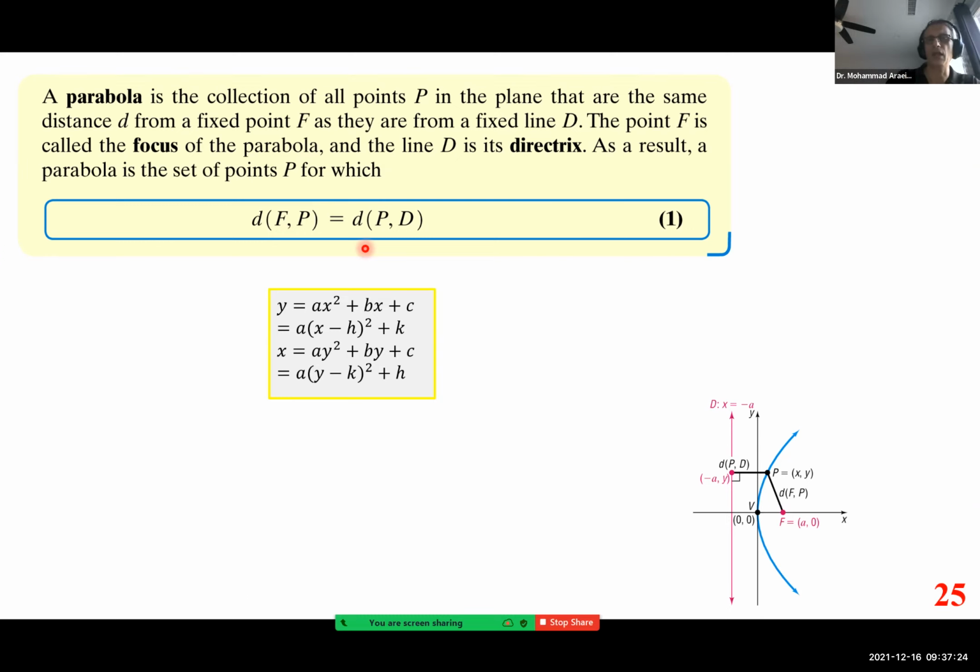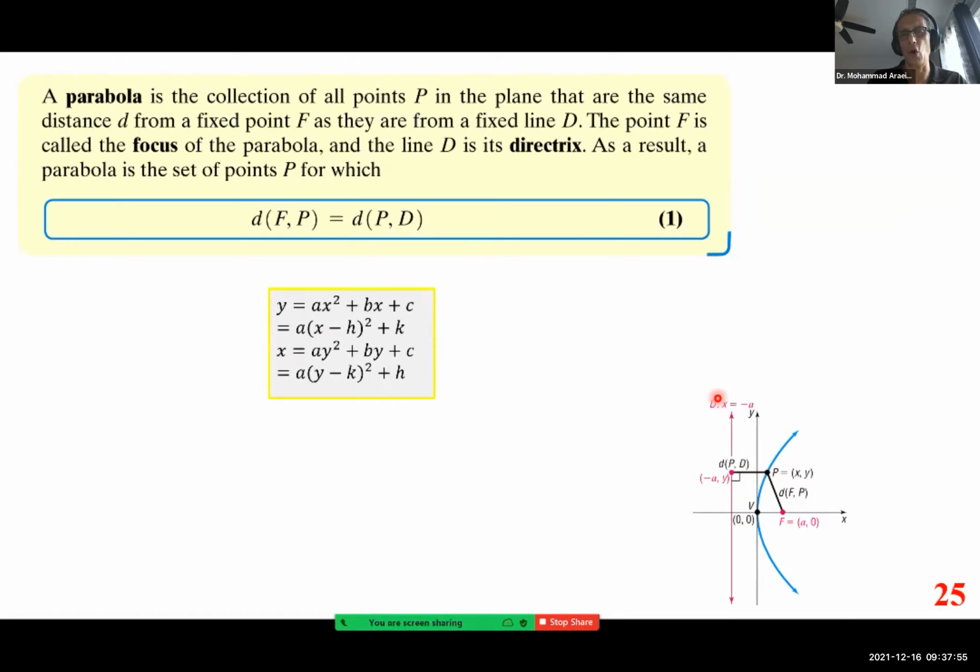In other words, however you draw this, it's important to know the meaning of it. If you pick any point, for example P, and connect it to the focus, giving you the distance PF, it is identical to the distance it makes with a line called the directrix.